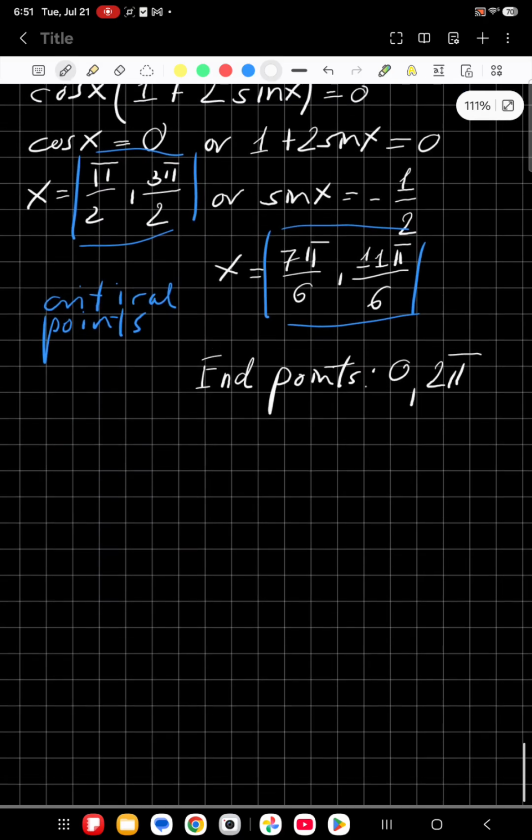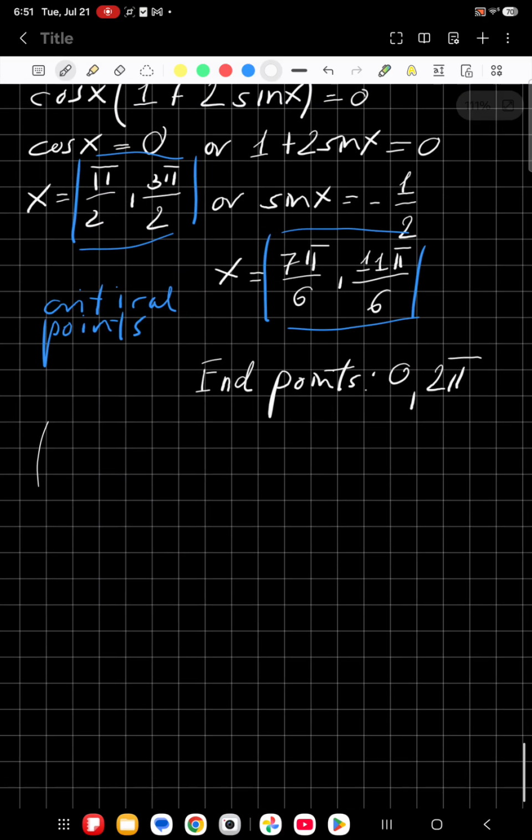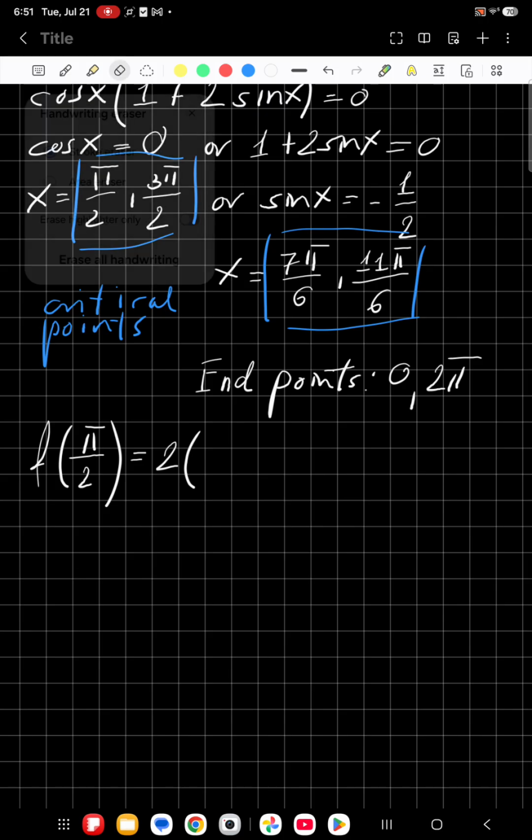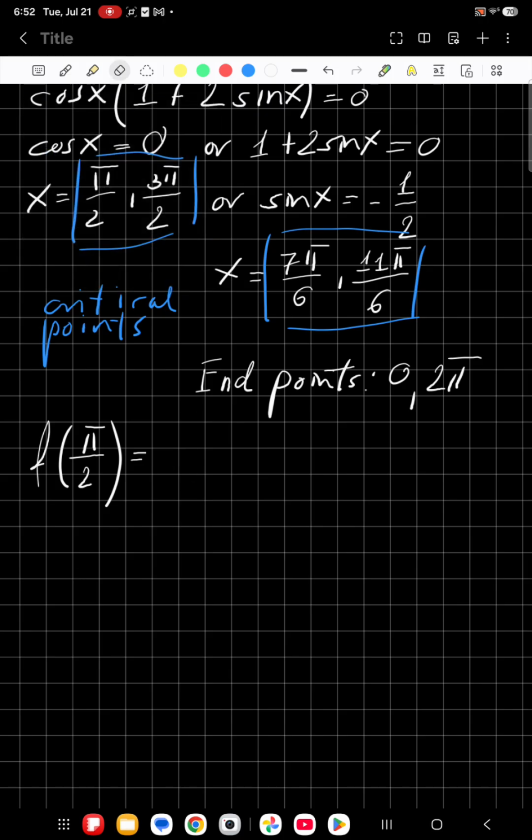So f of pi over 2 would be the first one. I'm not going to do all of them, maybe I'll do the first one. f of pi over 2. So the original function was 2 sine of x minus cosine of 2x.